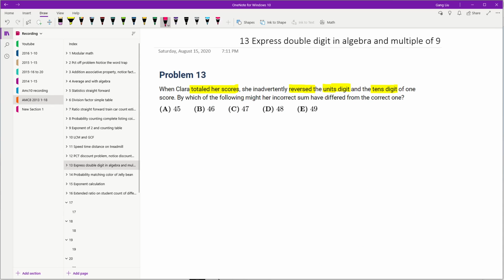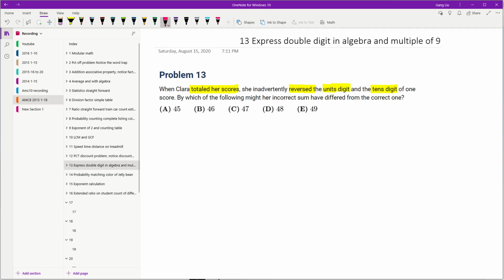Problem 13. When Clara totaled her scores, she inadvertently reversed her unit digit and tens digit of the score. By which of the following might her incorrect sum have differed from the correct one?